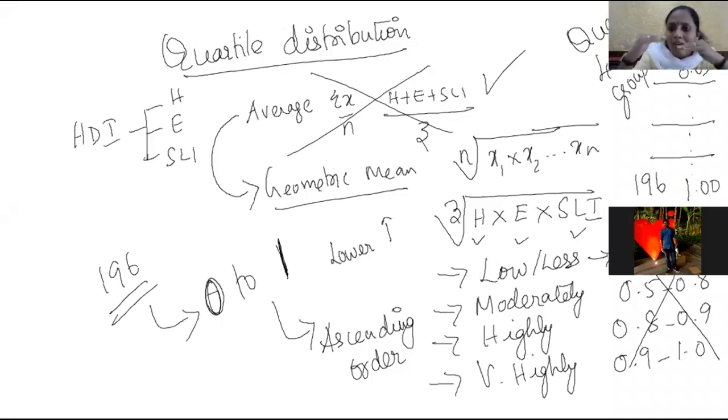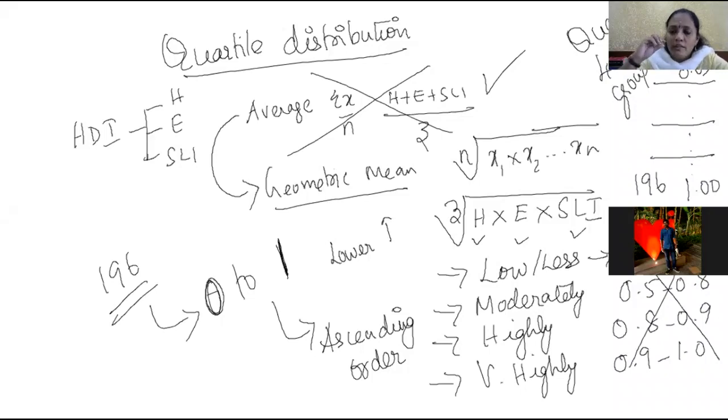So you will have a value and you're going to say that all the countries which have less than this value will become low developed. All the countries between this value and this value will become moderately developed. So you're going to define the range based upon the value of the HDI, not based upon the number of countries. I don't know if I made sense to all of you. Right?